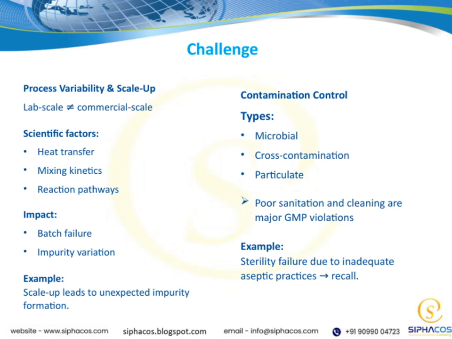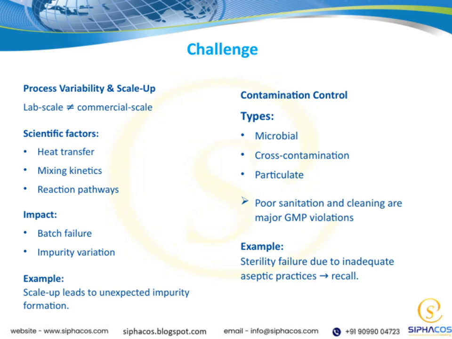Now, moving on to process variability and scale-up. It's important to remember that lab-scale processes don't always translate directly to commercial-scale manufacturing. Scientific factors like heat transfer, mixing kinetics, and reaction pathways can behave quite differently when you scale up.